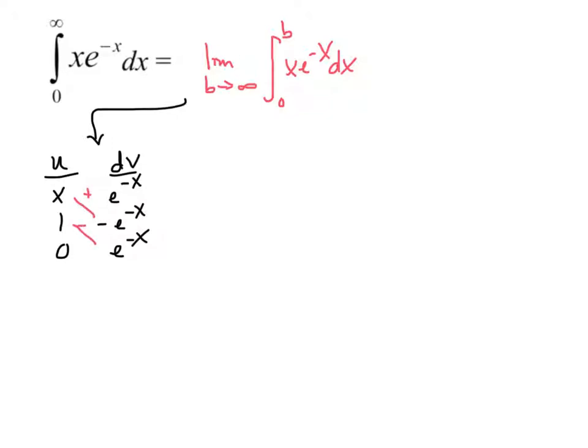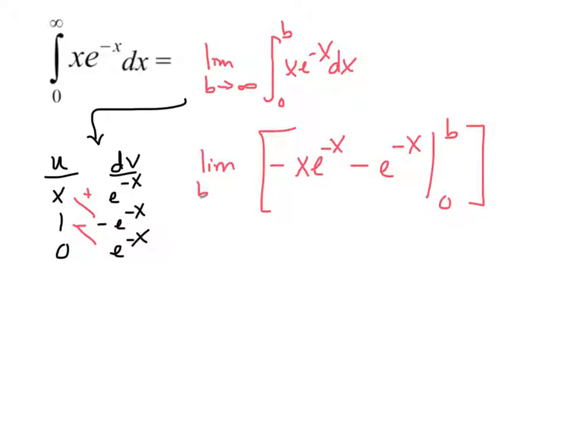Okay, so we end up with negative x e to the negative x minus e to the negative x, evaluated at b and 0. And we're doing the limit as b approaches infinity.